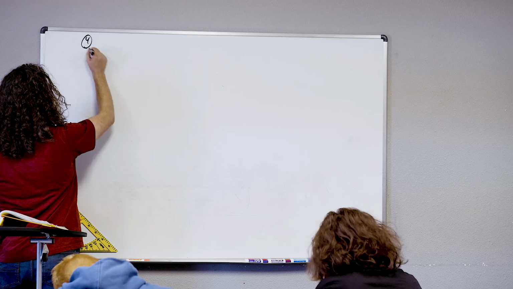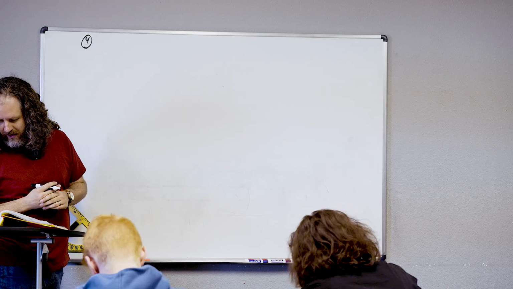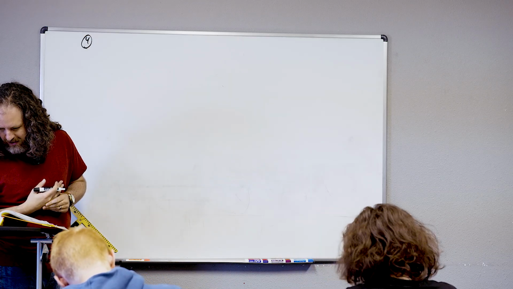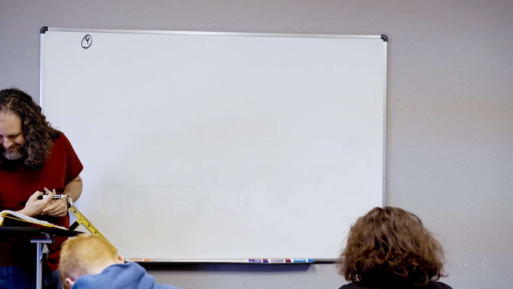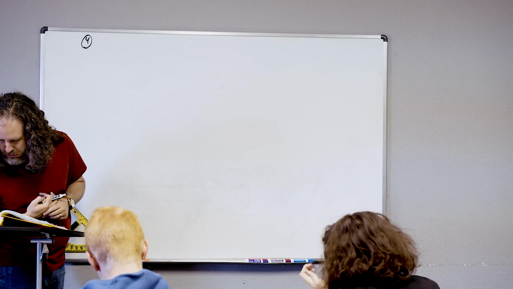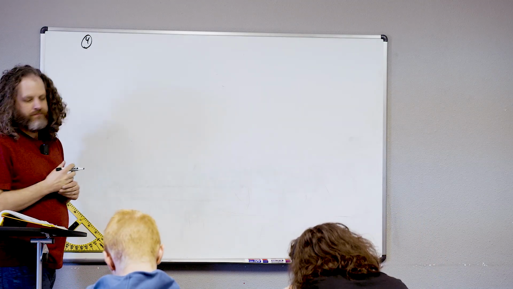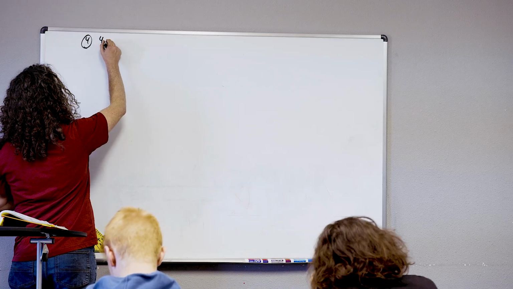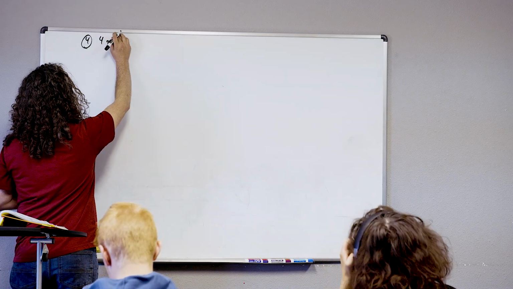Okay. Oh yeah, number 4 is kind of fun. Number 4 is interesting. Did I do that? I don't know. If you didn't, you should follow along. If you did, you might still want to follow along.